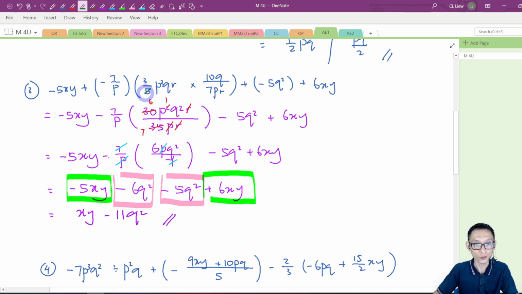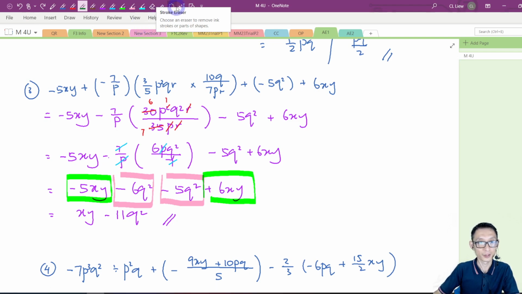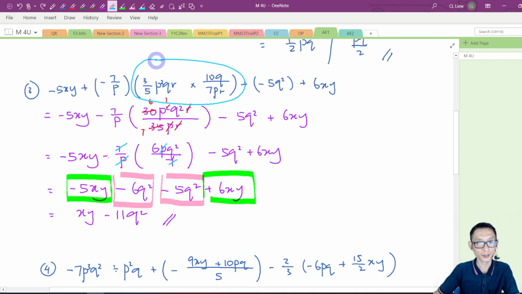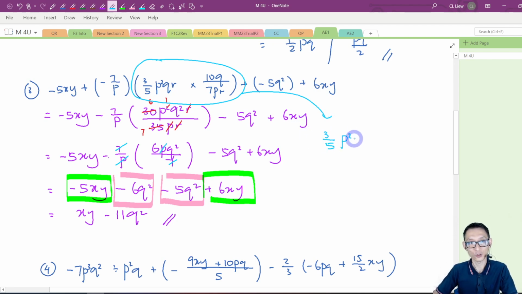Now cut this one. Okay, let me use another color. I copy here and show you again. 3 over 5 p square q times r times 10 q over 7 pr.